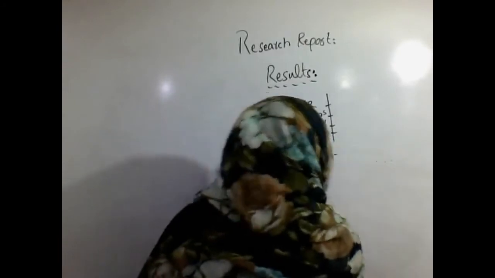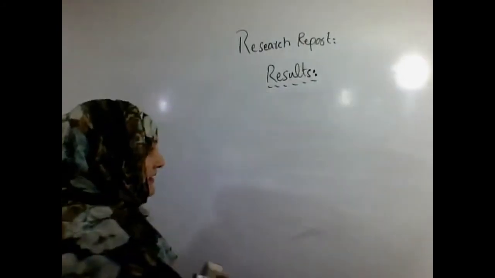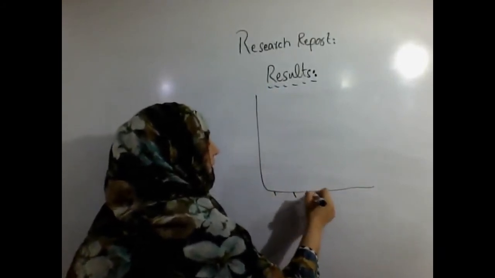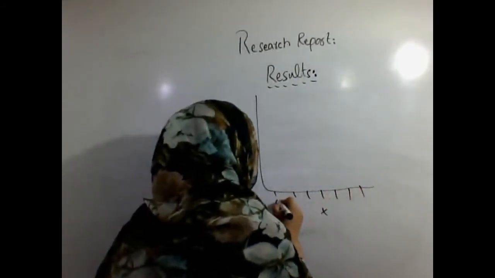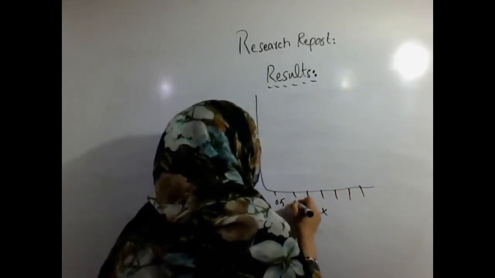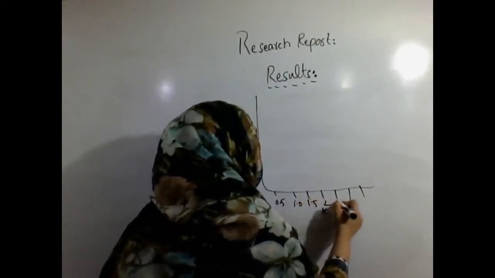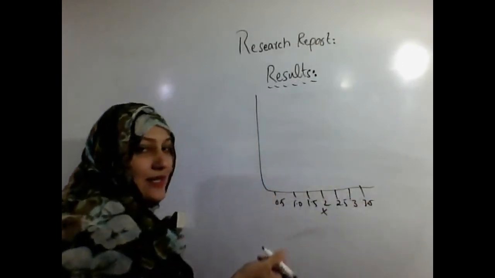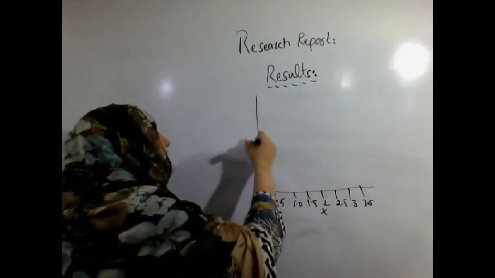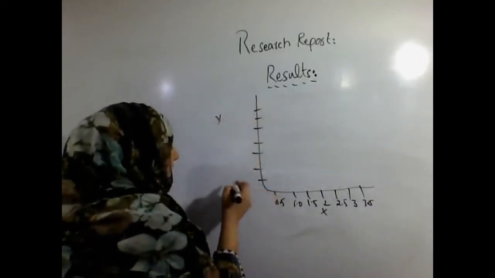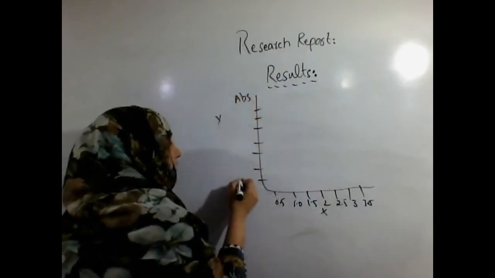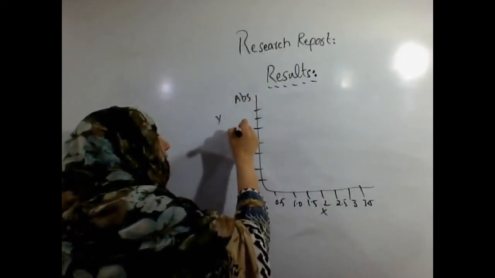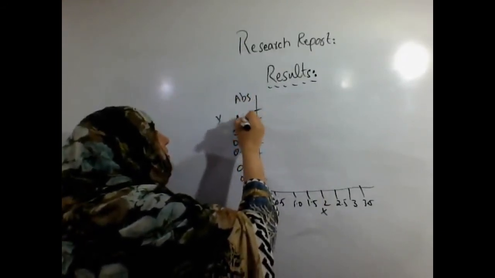I will give you the idea about the standard curve. On the x-axis, you put the values of your concentration: 0.5, 1, 1.5, 2, 2.5, 3, 3.5, for example. These are different standards which you have chosen. And on the y-axis, you give the absorbance of your sample: 0.2, 0.4, 0.6, 0.8, 1, 1.2, 1.4, and so on.